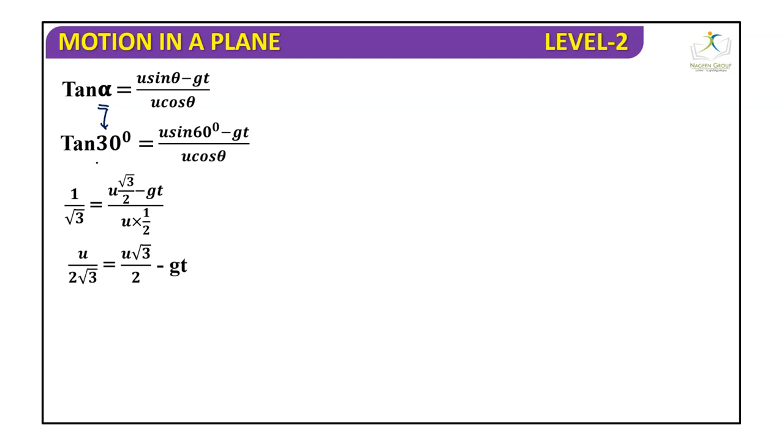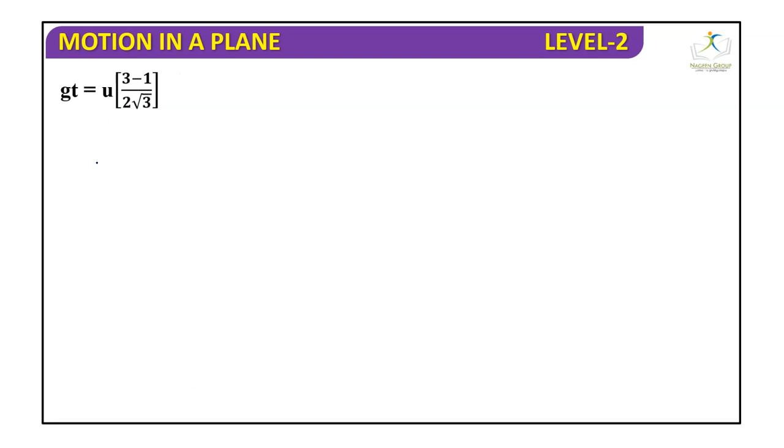After solving, we get u by 2 root 3 equals u root 3 by 2 minus gt. So gt equals u root 3 by 2 minus u by 2 root 3. After solving, we get gt equals u times 2 by 2 root 3.